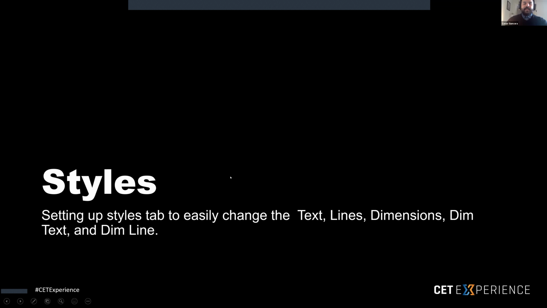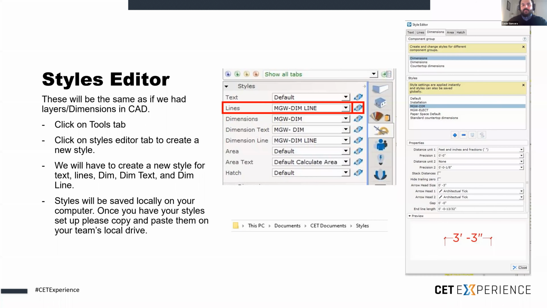Setting up your styles is easy to do and to change. The text, the lines, the dimensions, text, and lines can all be achieved in CET. And setting up your styles is important because it gives that normality of how we used to work before.